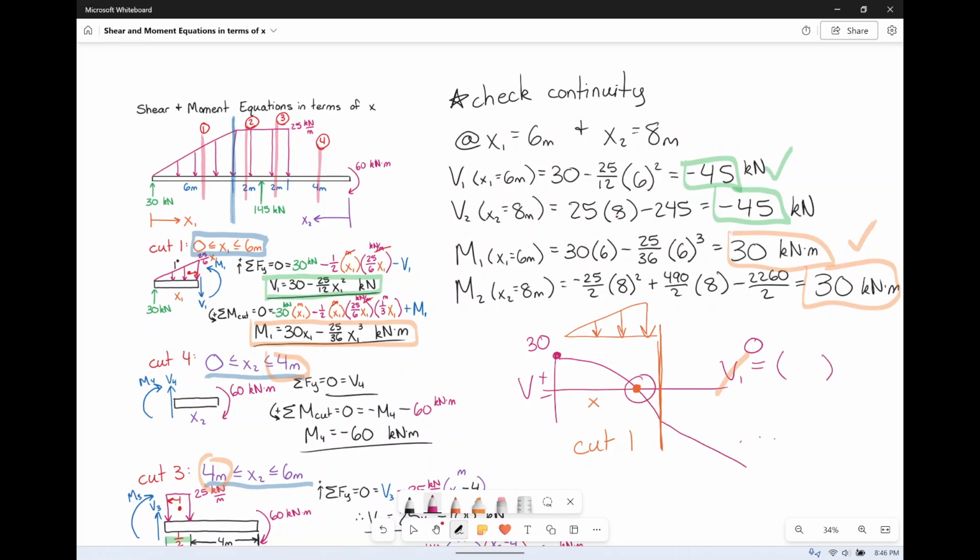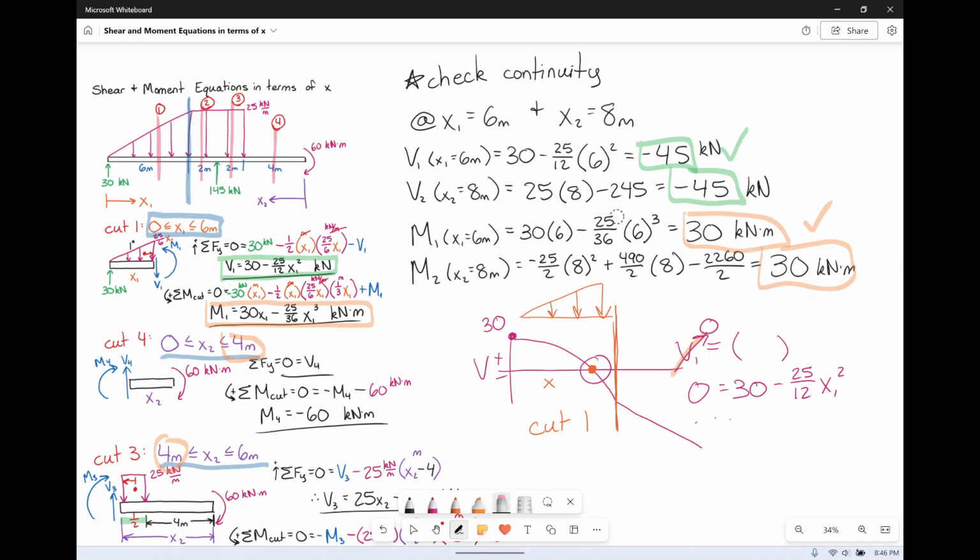Where my shear crosses 0, that's going to then give me X. So I'll have 0 is equal to 30 minus 25 over 12, x1 squared.